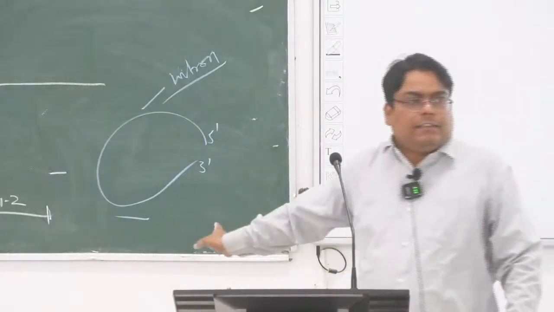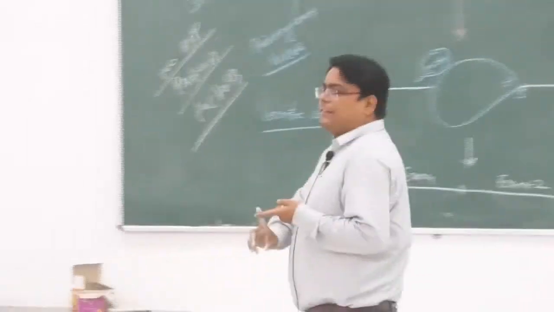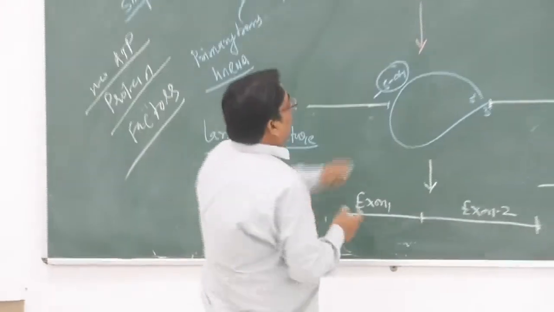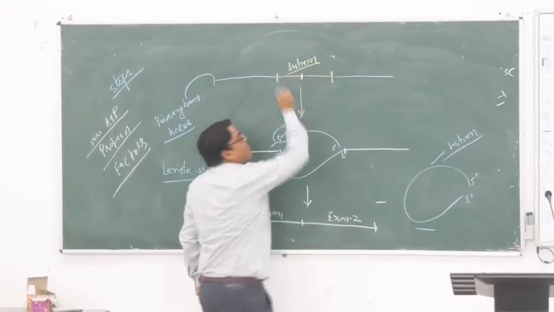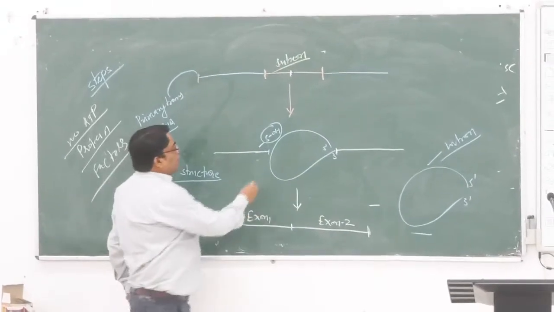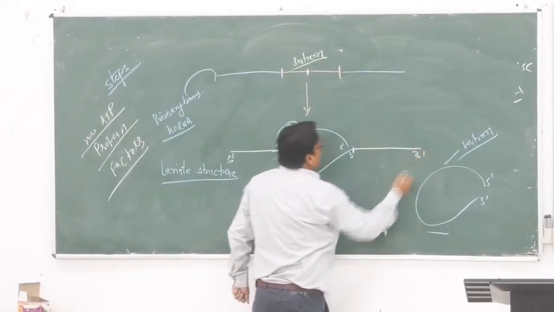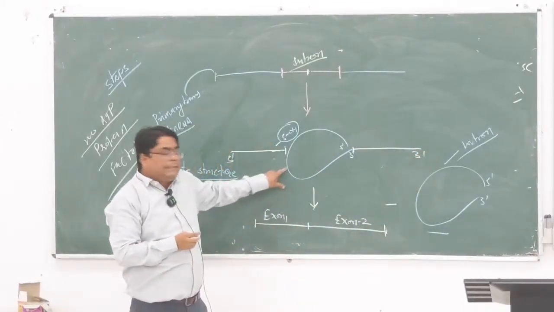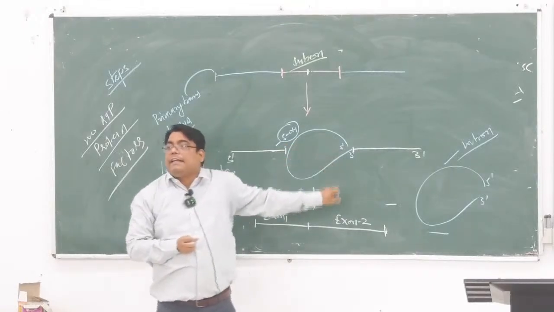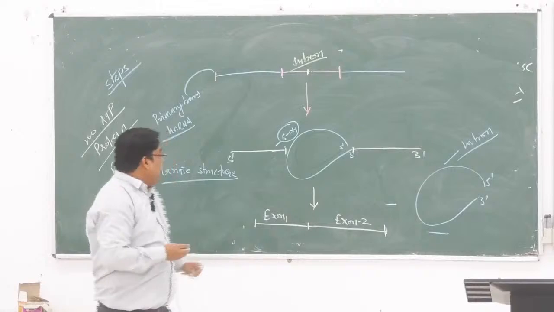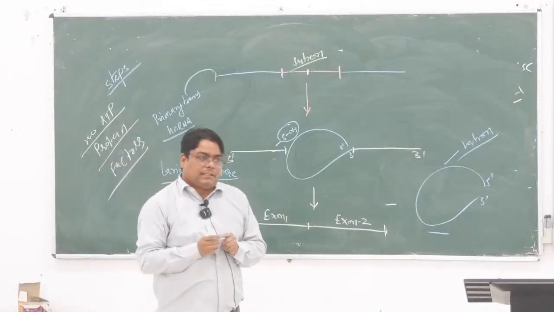I will summarize this again. In the self-mediated splicing process, the first step is recognition of the intron. Then cut the intron from the 5' OH group. Then this intron makes a loop-like structure. We call this structure the lariat structure, L-A-R-I-A-T, lariat or loop-like structure.